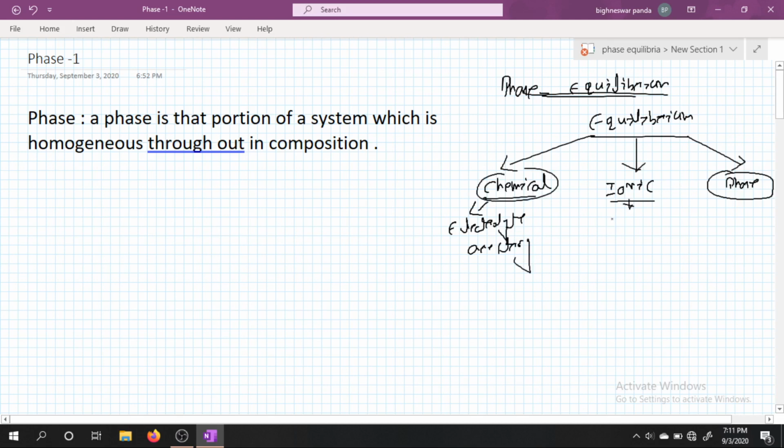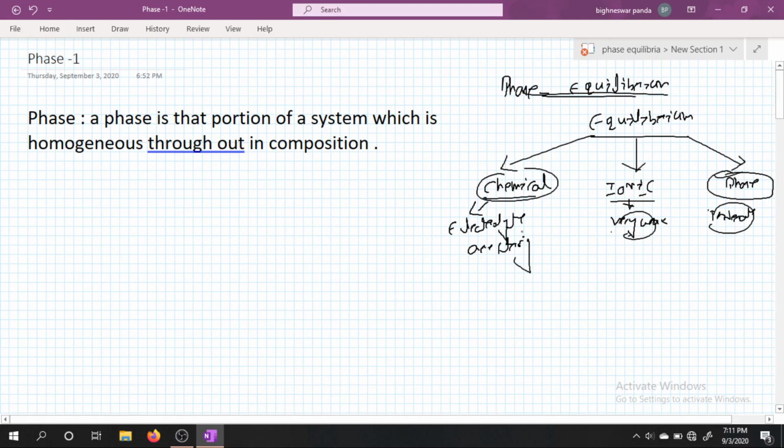If electrolytes are very weak, then we are studying ionic. If electrolytes are neither very strong nor very weak but moderate in nature, then we are studying phase equilibrium. So these are the classifications that depend upon the nature of the electrolyte.